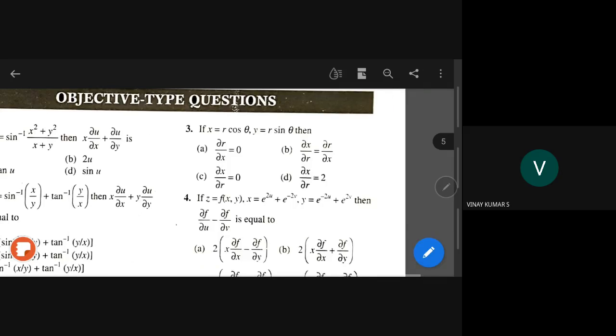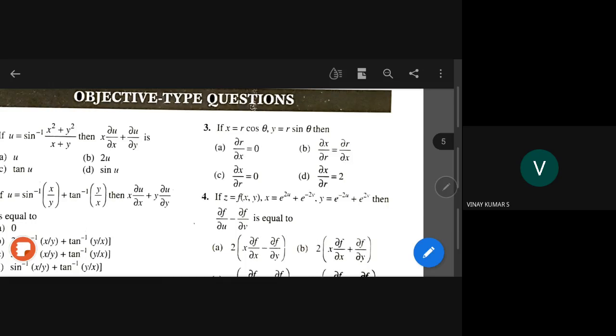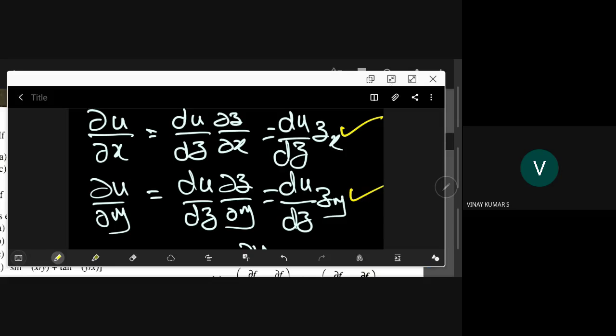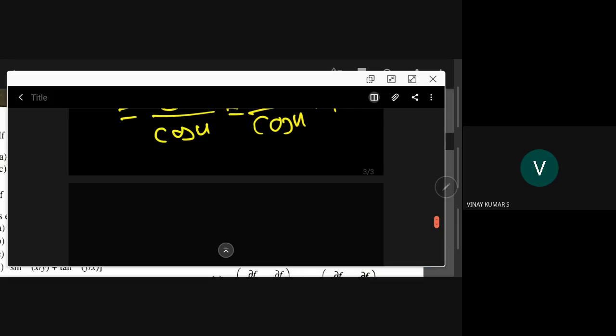And the third one, x is r cos theta, y is r sin theta.